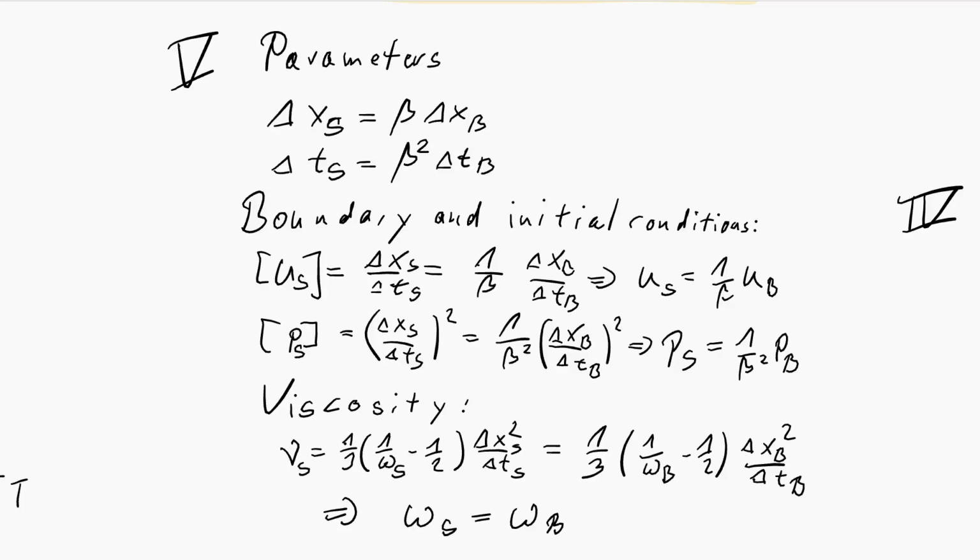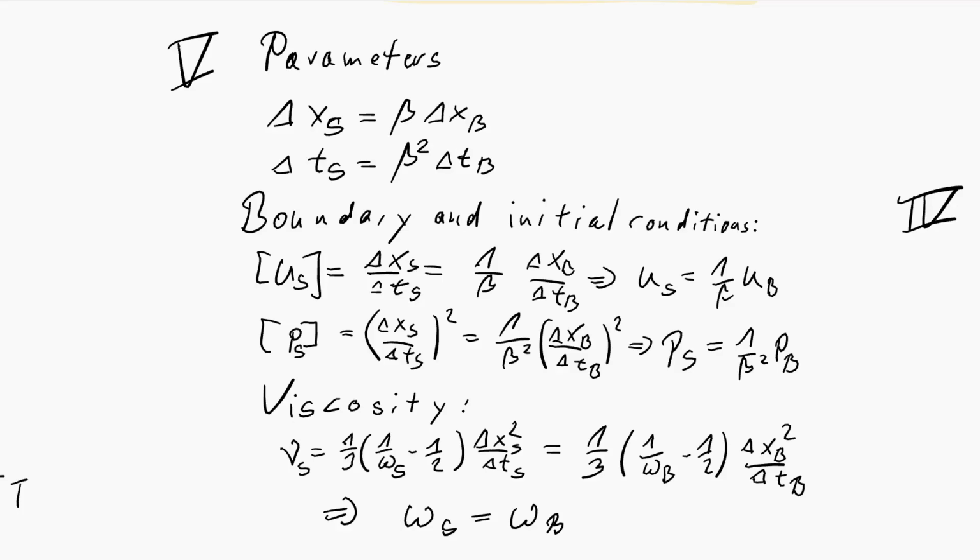This, of course, means that when beta is smaller than 1, we have more lattice points, and we need more time steps.